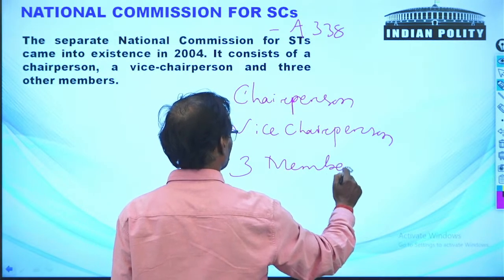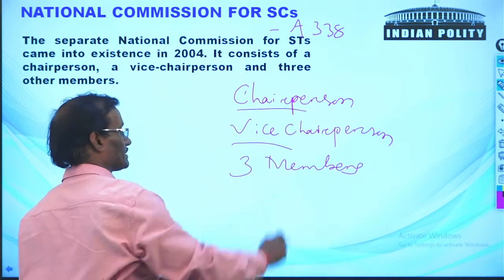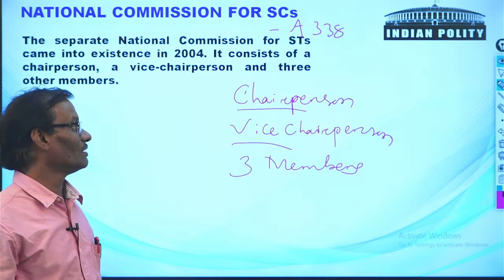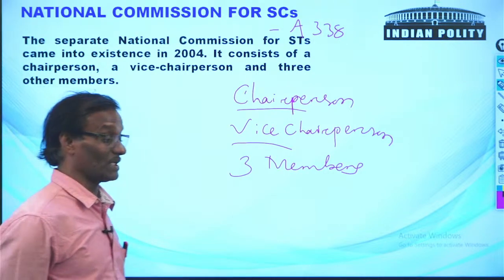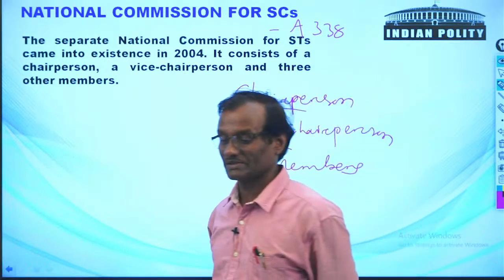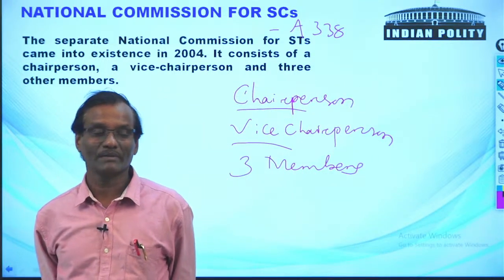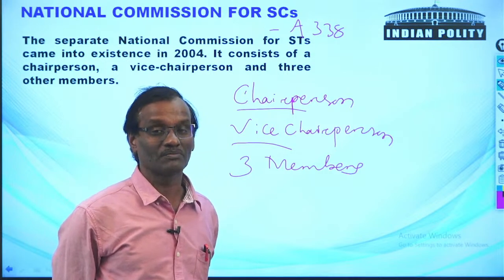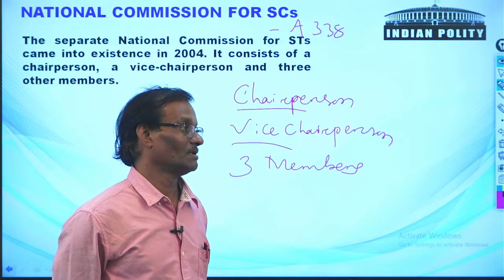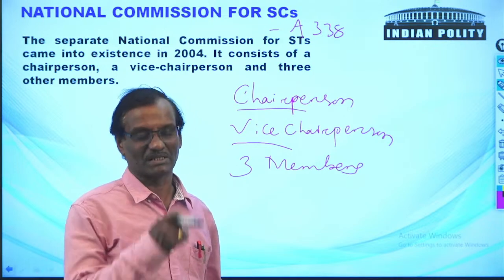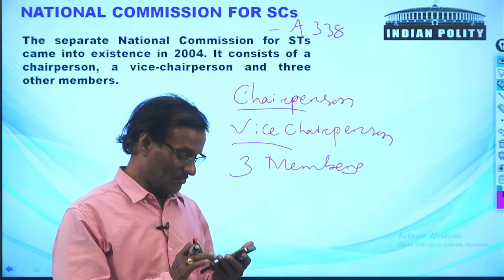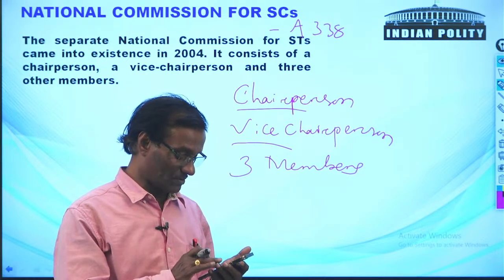Together they constitute 5 members. The appointment of the chairperson, vice chairperson, and members is done by the President. There is no specific qualification provided for appointment to the National Commission for SC.